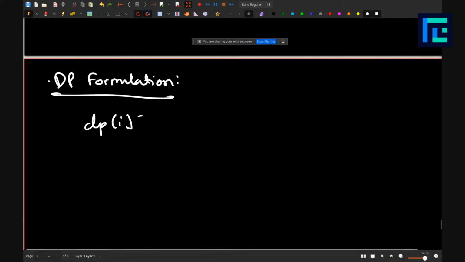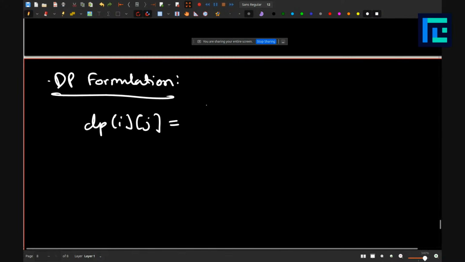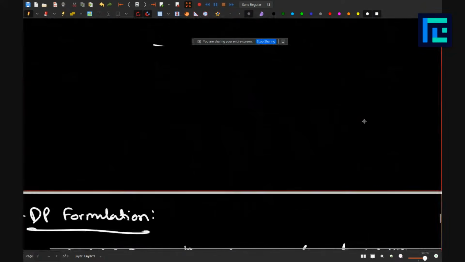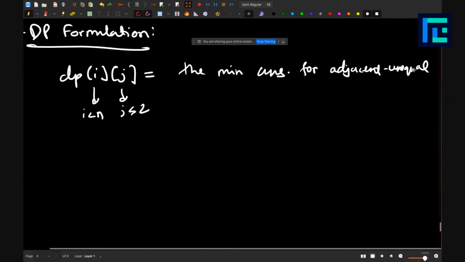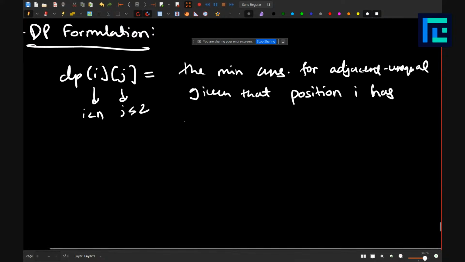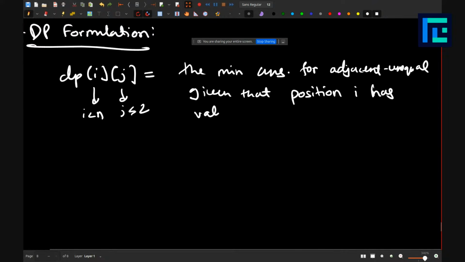What is dp of i j? Here j will be less than or equal to 2, i will be less than n, and dp of i j is going to be the minimum answer for adjacent unequal, where position i has value equal to j, right?